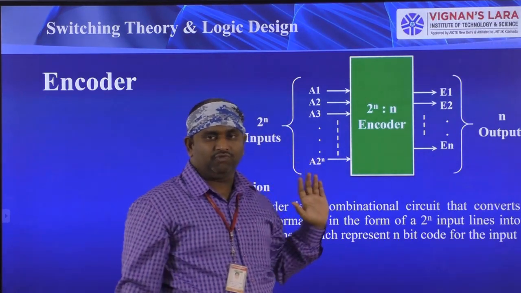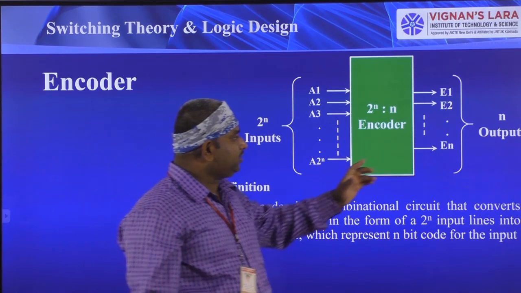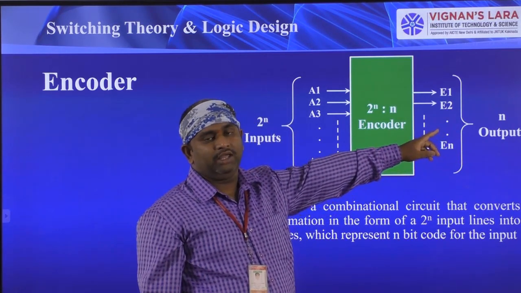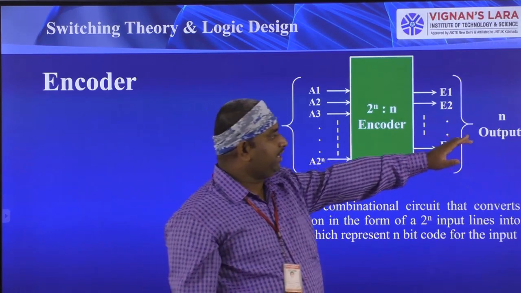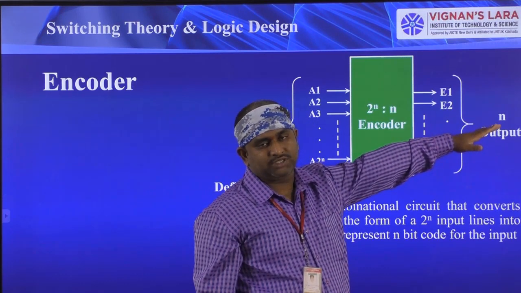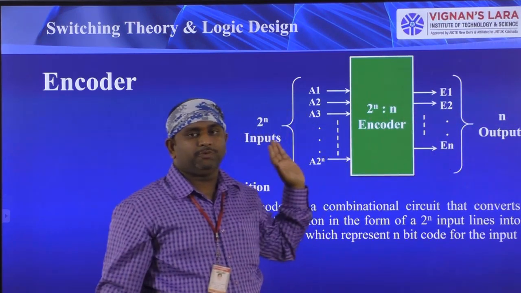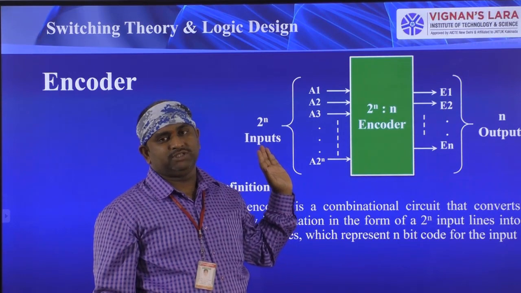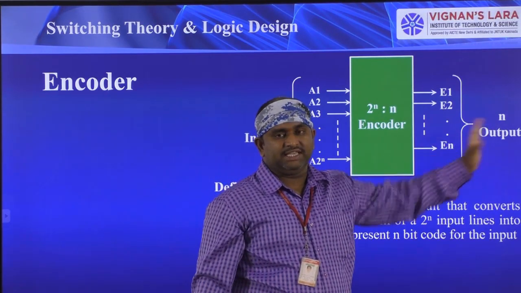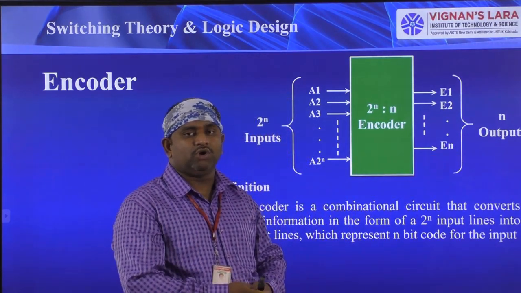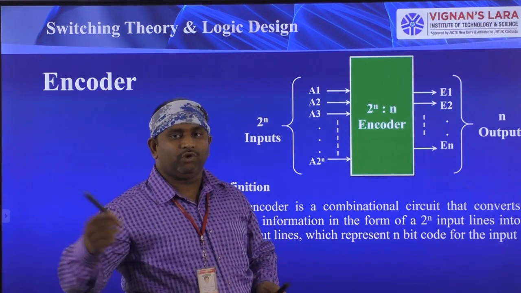Next, a total of n outputs are available. For example, if 4 outputs are available, then 2 power 4 inputs are available. We will take n value starting from 1, 2, 3, 4 like that.